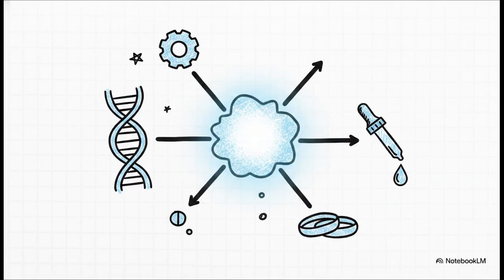Because of all this complexity, modern CGT relies on what we call a potency assurance matrix. It's a whole web. It starts with a really clear articulation of the product's mechanism of action. From there, your process design choices, like your specific cell activation conditions, are actually part of ensuring potency. Then you use early in-process measurements, which give you early warning signals of drift long before you ever get to final release testing.